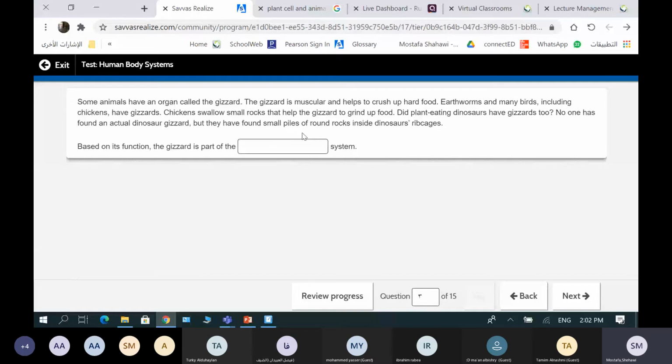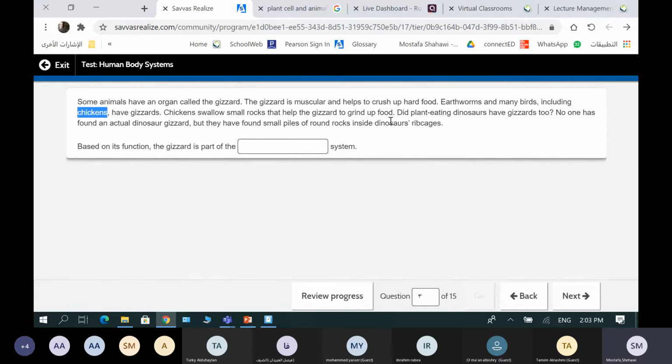So here he's talking about an organ called the gizzard that exists in some animals like earthworms and many birds, including chickens. It's a muscular organ that helps to crush hard food. Chickens swallow small rocks that help to grind up food.